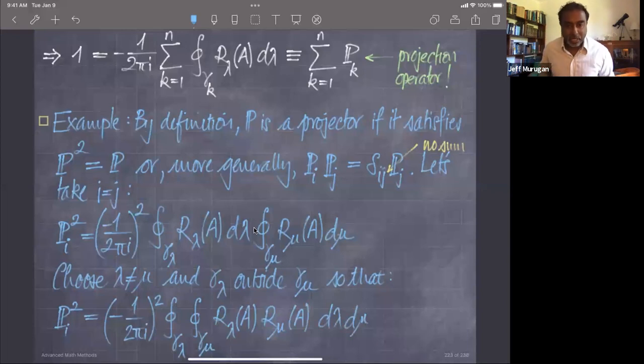Now I have something where I can use the properties that we explored right at the beginning of this lecture, because I have the product of two of these. So I'm going to take this product and write it out as the sum or the difference, as the case may be.